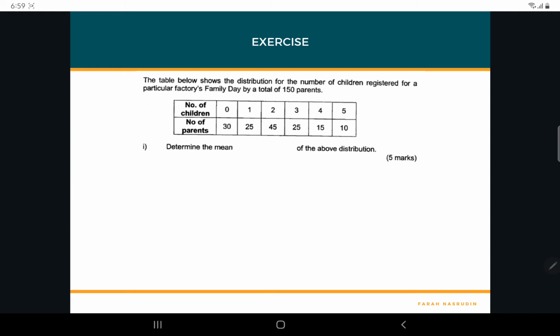Based on the previous example, we need to add one more row, which is for fx. So this is our x and this is our frequency. So add another row here.